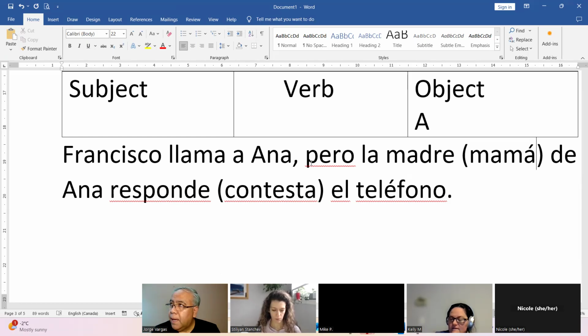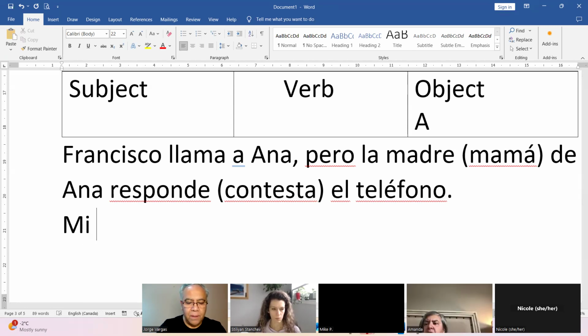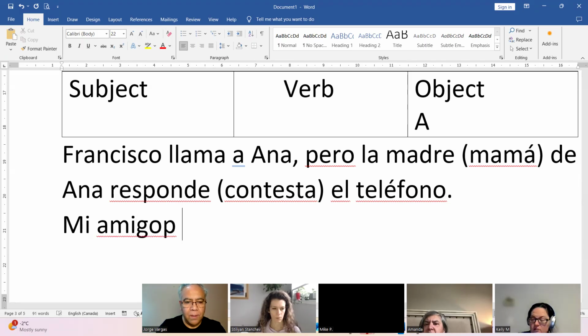You're saying, my friend calls my son, but I answer the phone. My friend calls my son, but I answer the phone. Okay, start with my friend. Mi amigo. Mi amigo llama mi hijo.